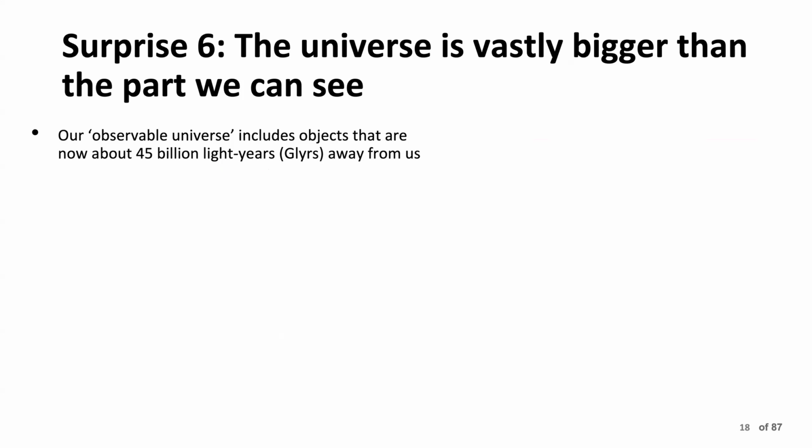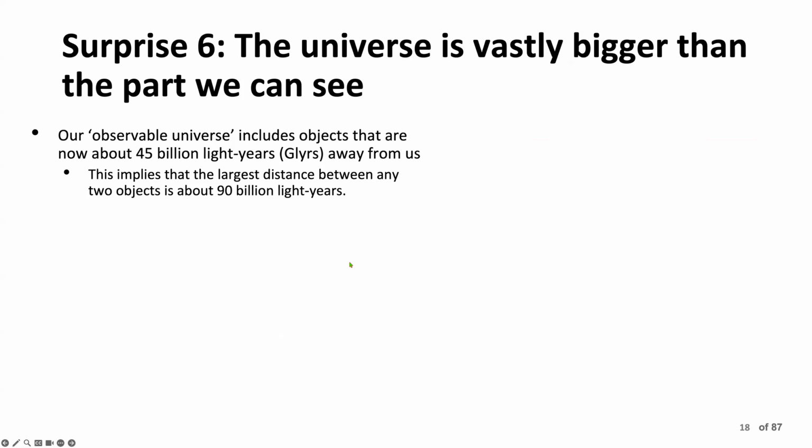And we'll explain how that can happen. The most distant objects are about 45 billion light years away. So if you were on one side of the universe and looked back to us and then looked at the most distant thing beyond us, that means the universe is about 90 billion light years. It's a volume characterized by a distance of about 90 billion light years.